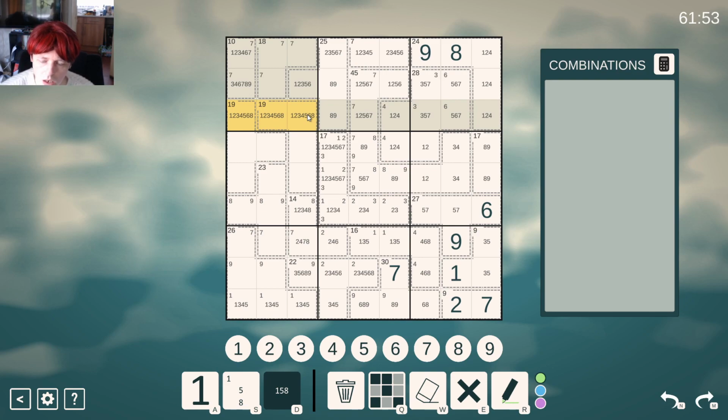If it's a 9, the options are 1, 2, 5 or 1, 3, 4. So we must have some of the low numbers along here in these 4 cells.